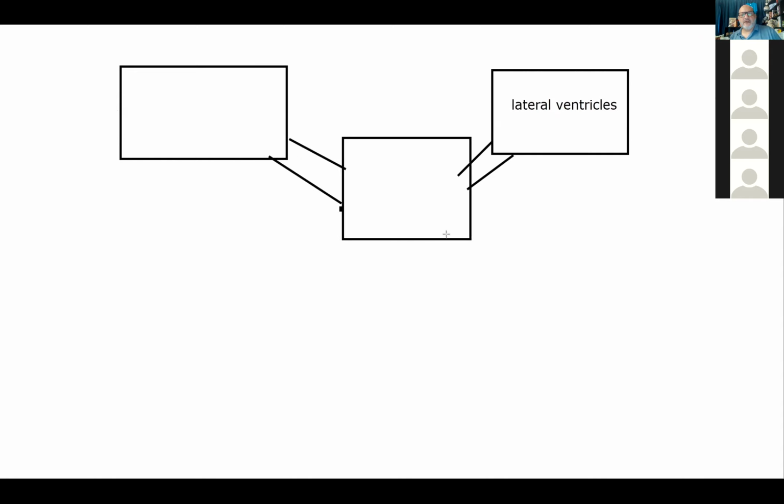From the lateral ventricles, there's one way and only one way to go. And that is into our third ventricle. And the way you get from the lateral ventricle to the third ventricle is the interventricular foramen.